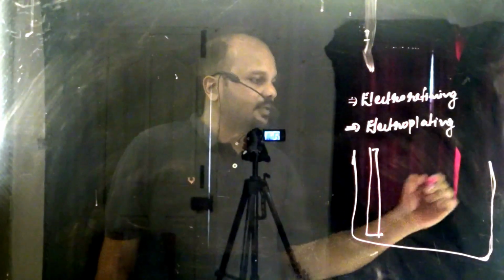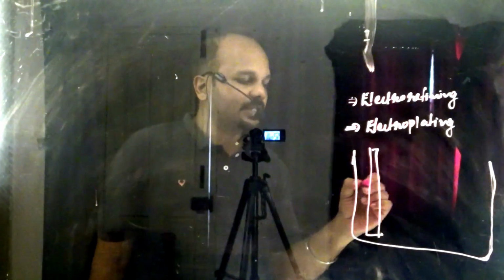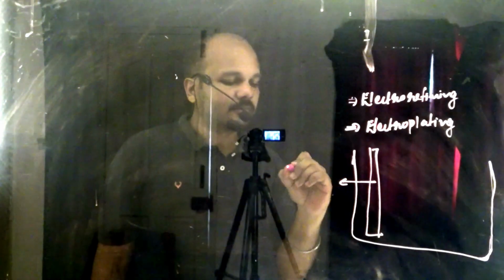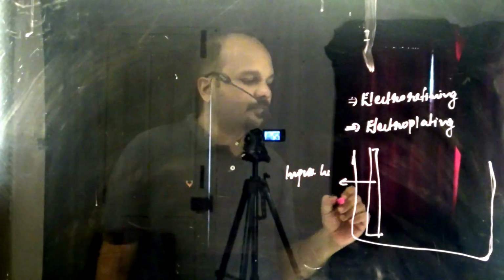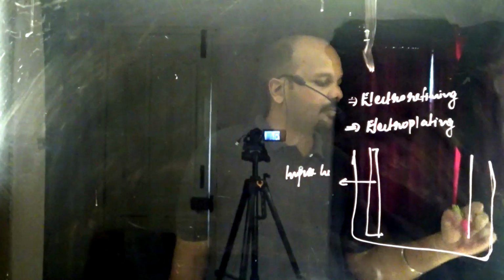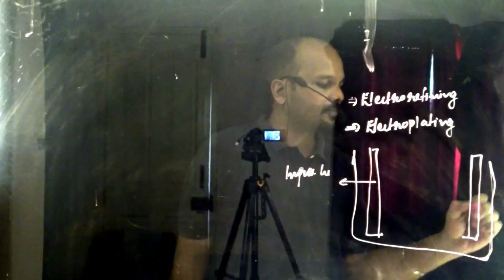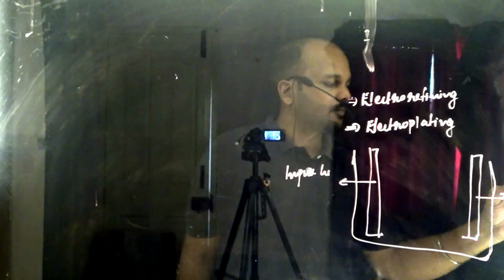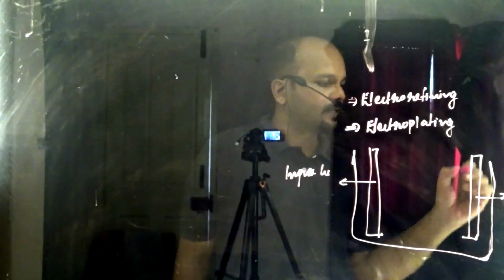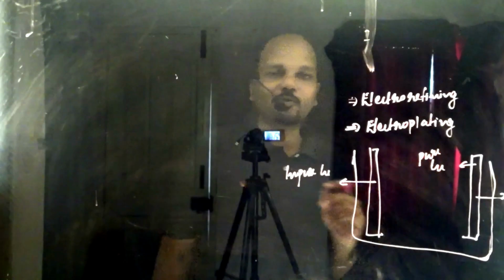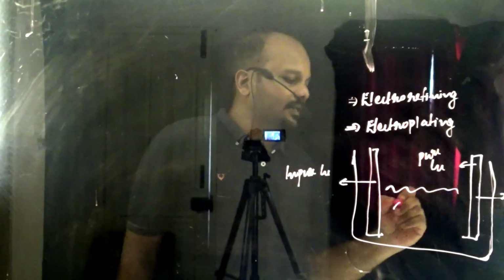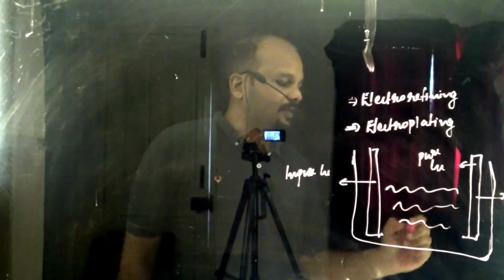In electrorefining, they will use impure copper as the anode, and pure copper as the cathode. Same way as previously, the electrolyte is going to be copper sulfate.